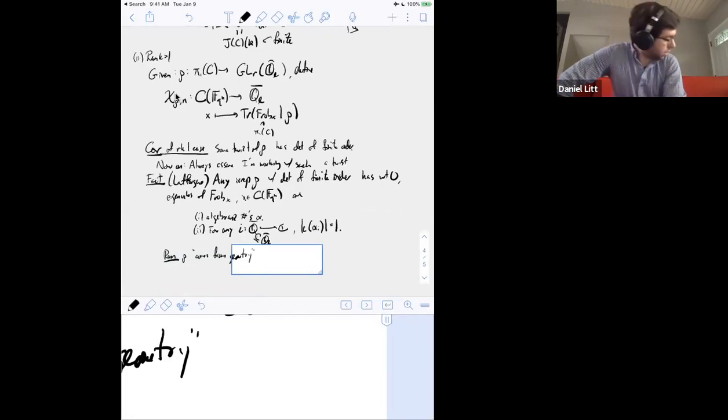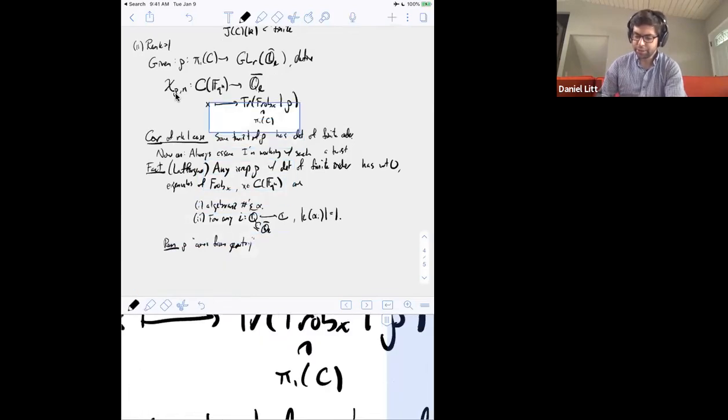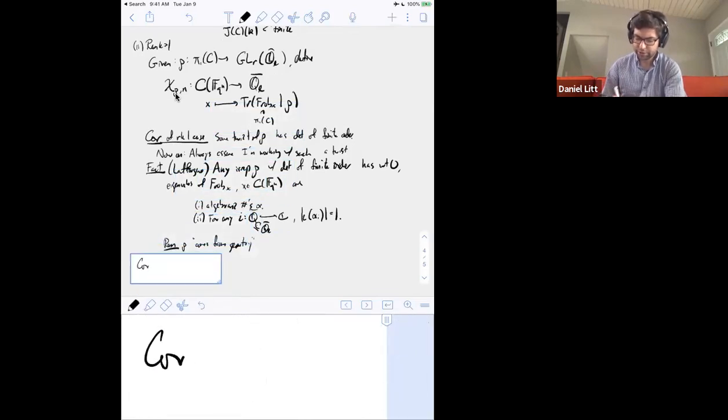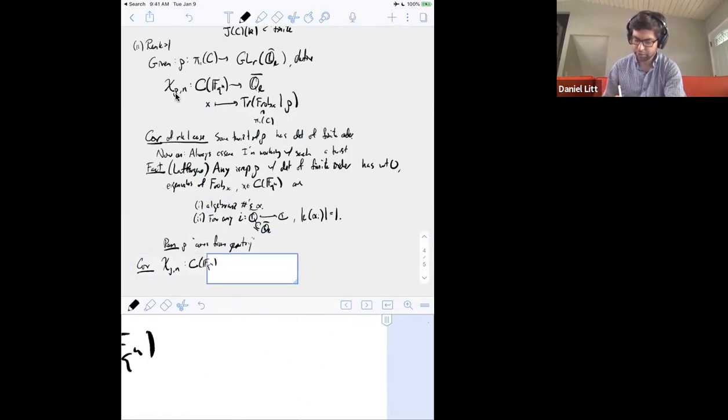Right. Okay, great. So now what that tells us, so the corollary is that these χ_ρ,n's, well, we said they were maps from C(F_q^n) into Q_ℓ bar, but they actually factor through Q bar.